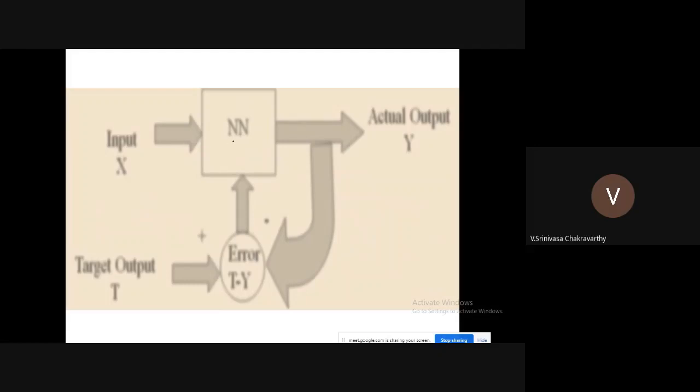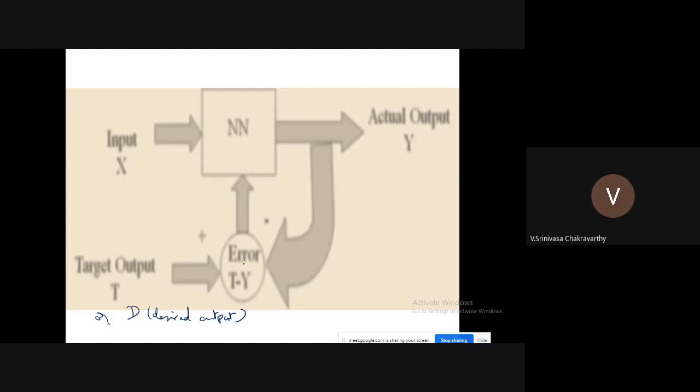When you give an input, the network gives some output. Initially the weights are random, so the output is not likely to be correct. So you compare the output actually obtained from the network with the desired output, and you will have some error. The target output is T, or we also use the notation D, which represents the desired output; it means the same thing.